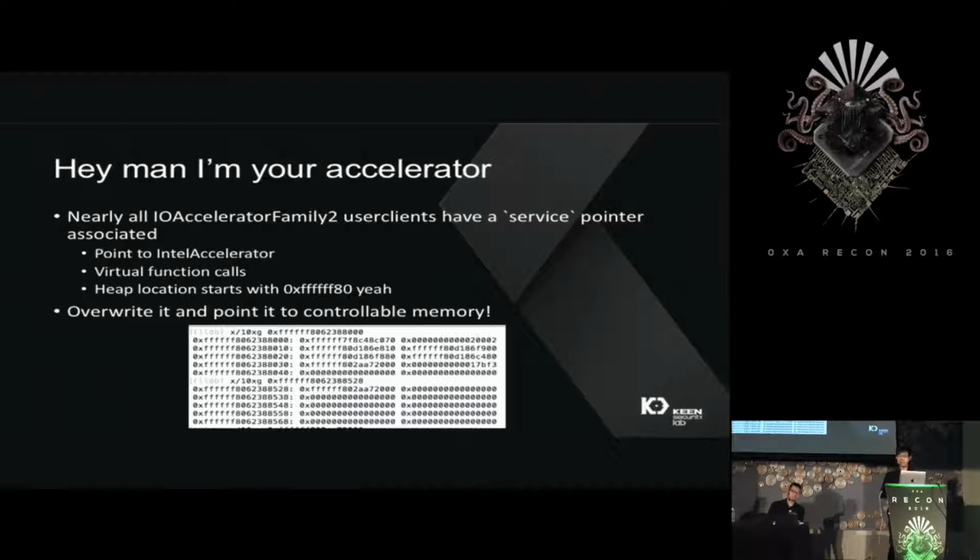The Intel accelerator is actually the representative of the graphics driver itself, and it's located also in the kalloc.8192 zone, and it's also a heap location whose fourth byte is 80, and it is perfect to overwrite, and it also contains virtual function calls for us to obtain RIP control. We can overwrite it and point it to controllable memory.